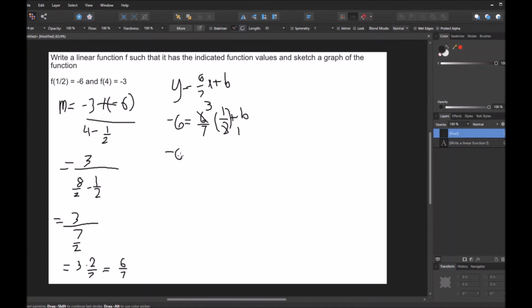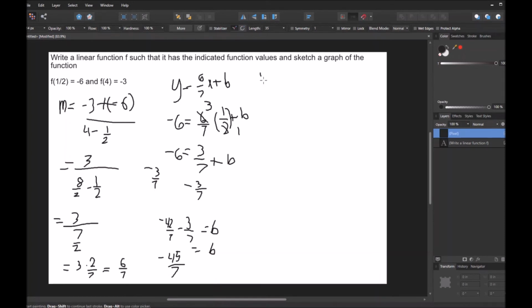So now I have negative 6 equals 3/7 plus b. So now I can subtract 3/7 on both sides. And I'm going to multiply this 6 by 7 in the numerator and the denominator. So I'm going to get negative 42 over 7 minus 3/7 equals b, which gives me b equals negative 45 over 7.